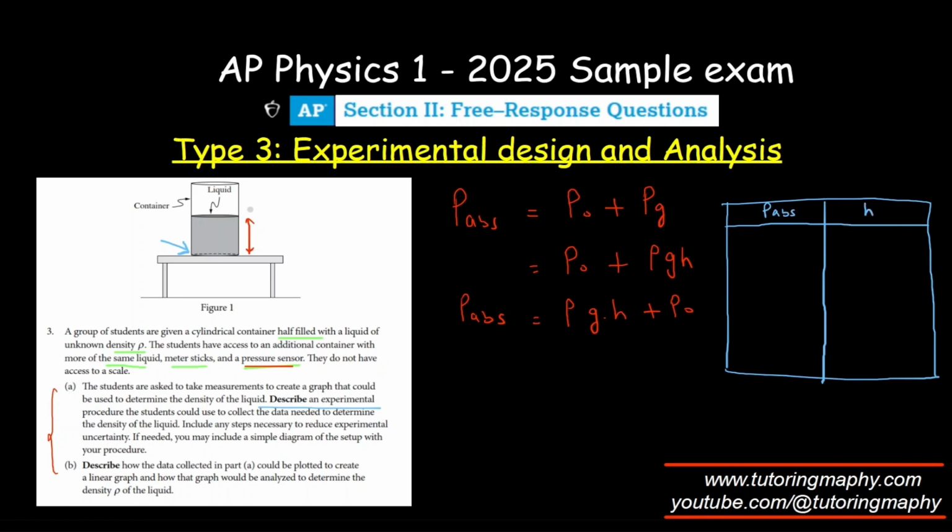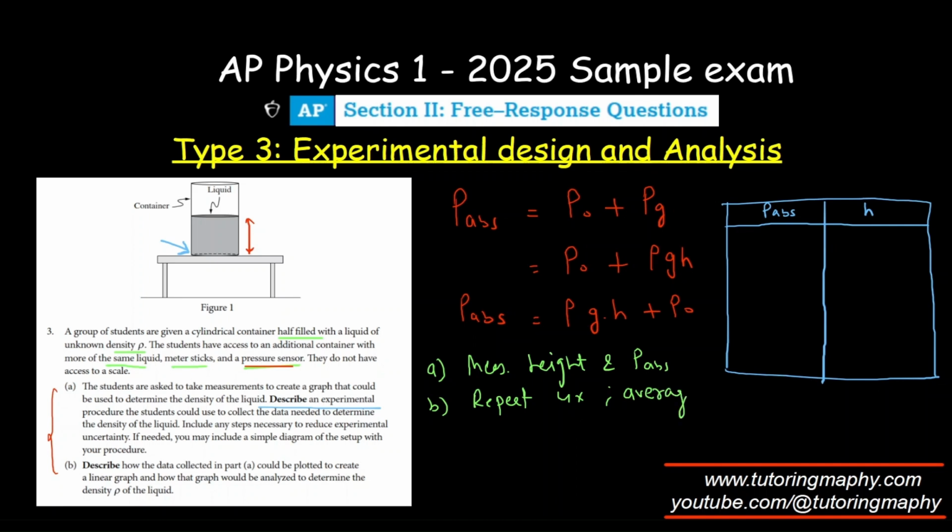Then, since we have to reduce the uncertainty as well, I'm going to measure height and pressure at the bottom, and I'm going to repeat this procedure 4 times so that the uncertainty is reduced, and take the average of those values.